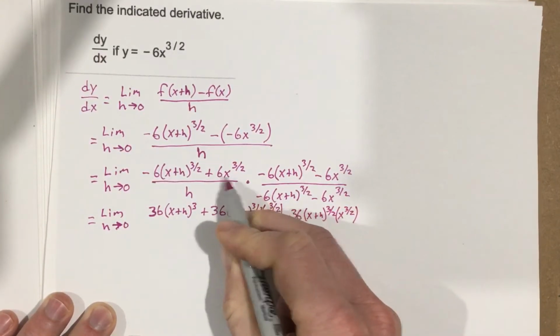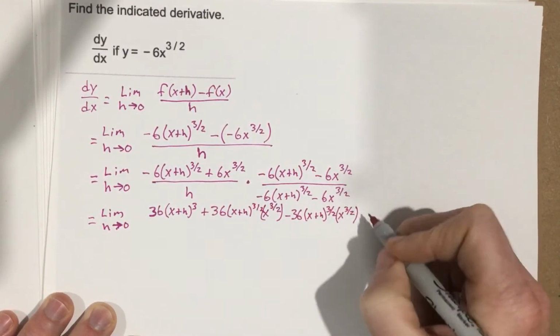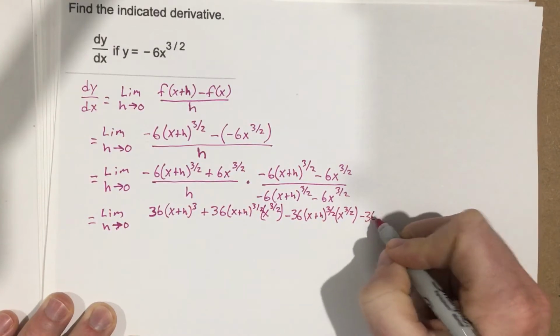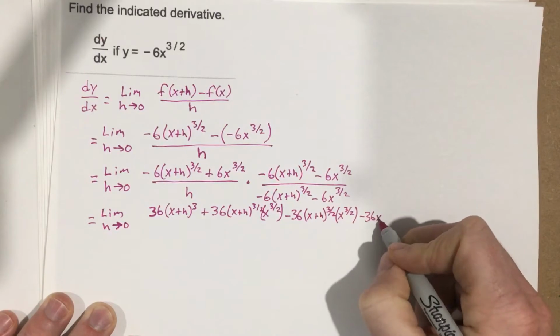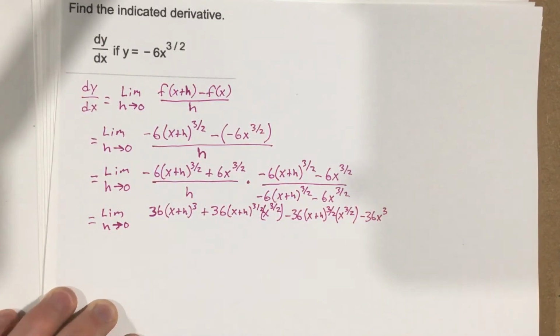And then finally we multiply the last terms, and we end up with negative 36. And again, same base, x to the 3 halves and x to the 3 halves, so that's x to the 3rd. And we add them, because that's 6 halves, which is 3.